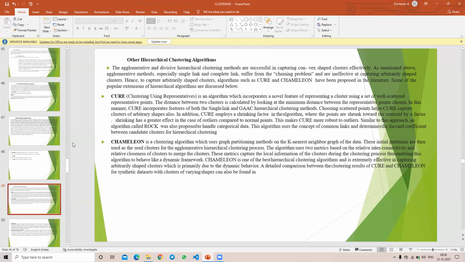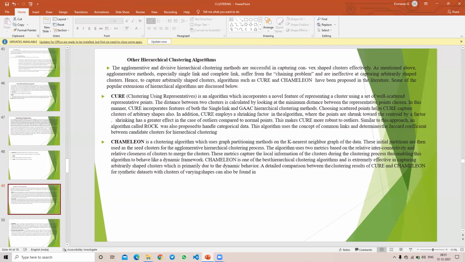Here we will see other hierarchical clustering algorithms. There are more algorithms which are similar to agglomerative and divisive. The agglomerative and divisive hierarchical methods are successful in capturing convex shaped clusters effectively, as mentioned in previous videos.